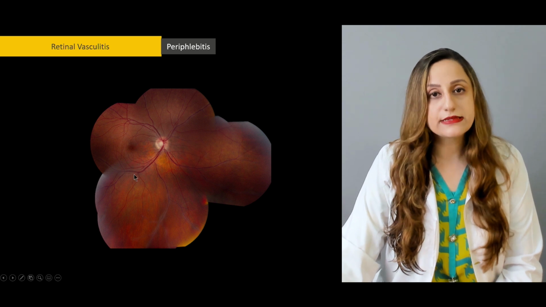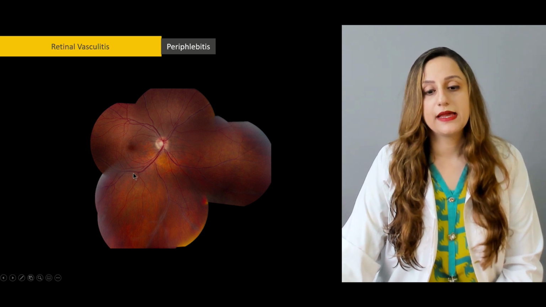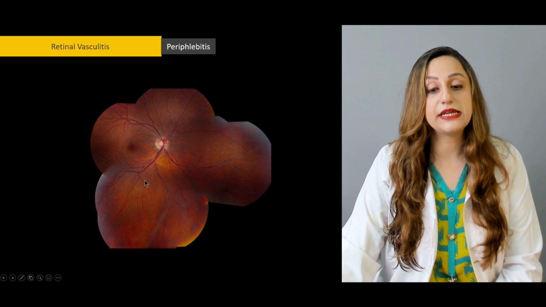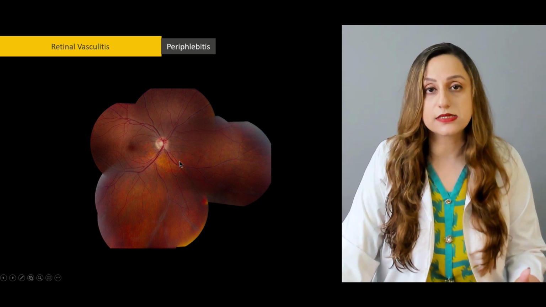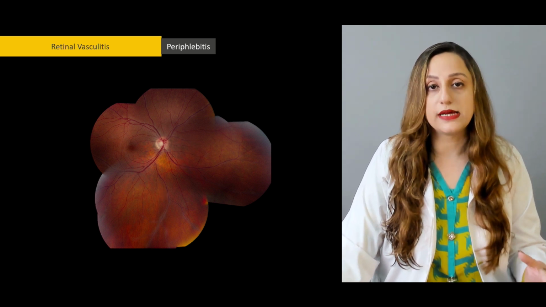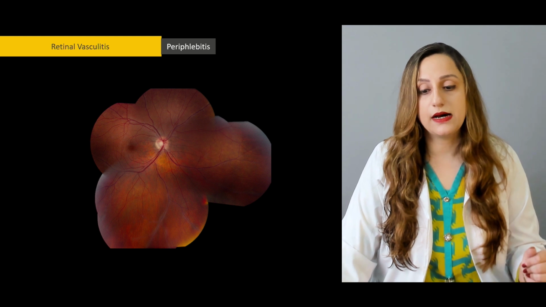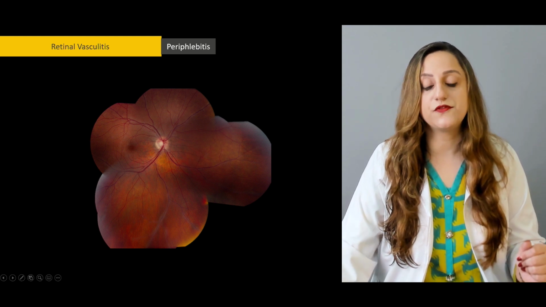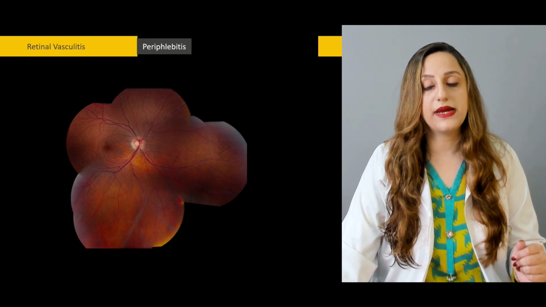Thinning of the vessels is noted over here, and darkening or necrotic factors, the gangrenous phenomena, are noted in the retina. These will be the particular findings of periphlebitis.